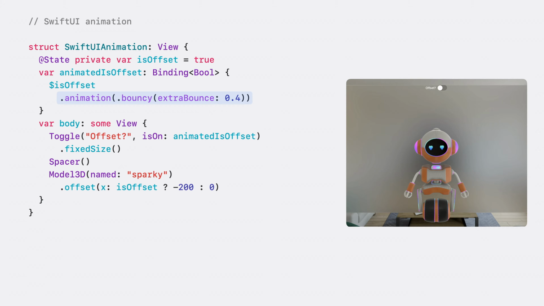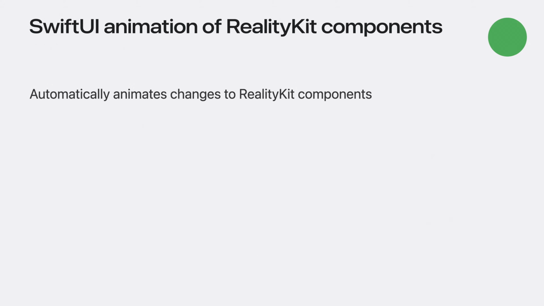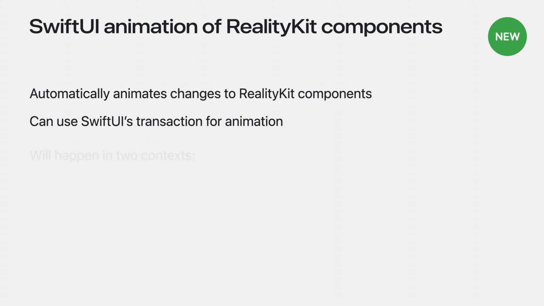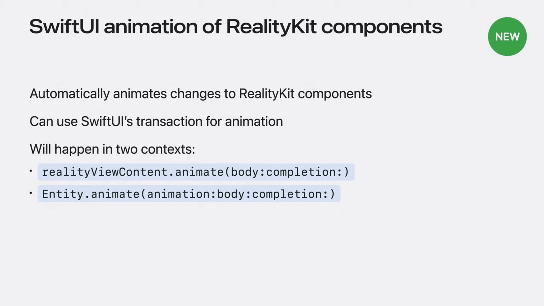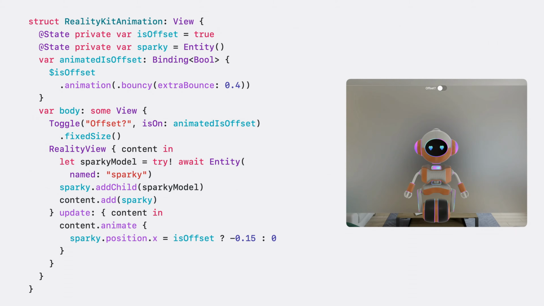In visionOS 26, you can now use SwiftUI animation to implicitly animate changes to RealityKit components. All you need to do is set a supported component on your entity within a RealityKit animation block, and the framework will take care of the rest. There are two ways to associate an animation with a state change.